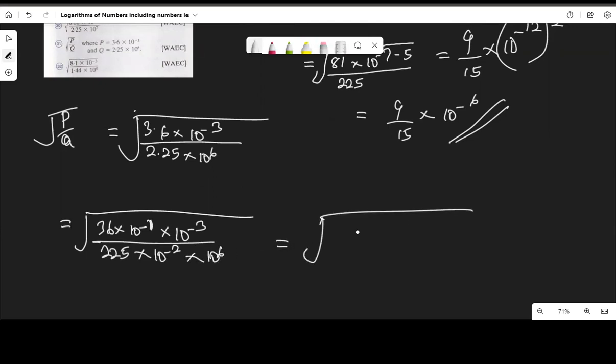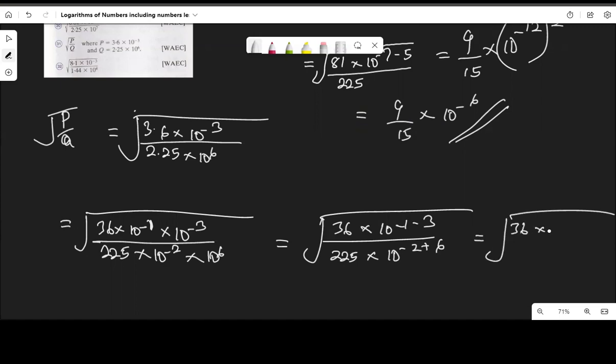I have square root of 36 times 10 to the power of minus 1, then minus 3, all over 225 times 10 to the power of minus 2 plus 6, which is square root of 36 times 10 to the power of minus 4, that is minus 1 minus 3, over 225 times 10 to the power of minus 2 plus 6 is 4.